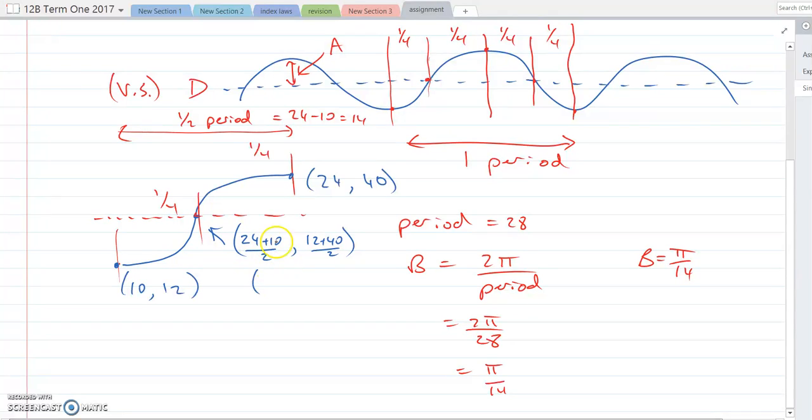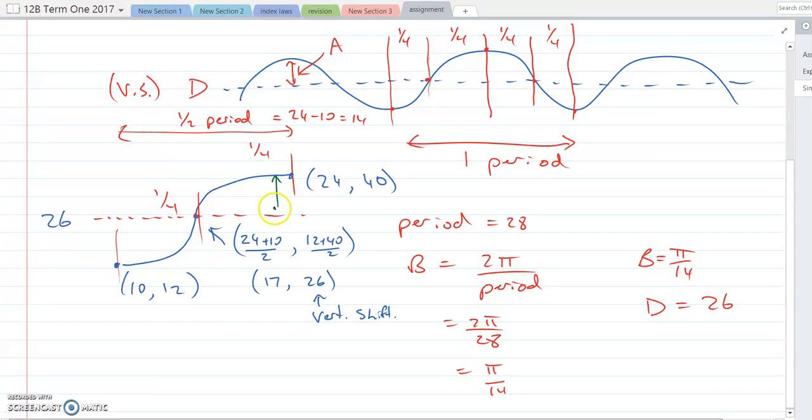So that point is (17, 26). This y value here, 26, is the vertical shift. So that's my d. I know that my d is 26.